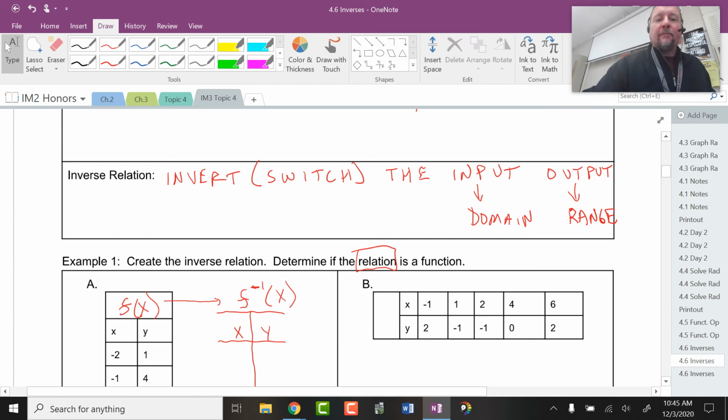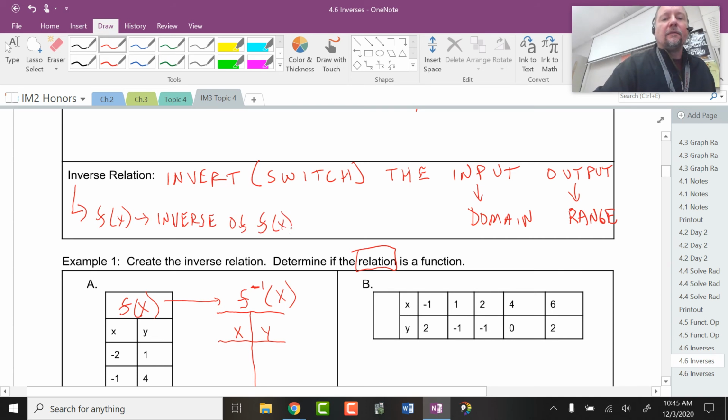So now I'm going to go back up to my box for inverse relation. F of x, inverse of f of x equals this notation.